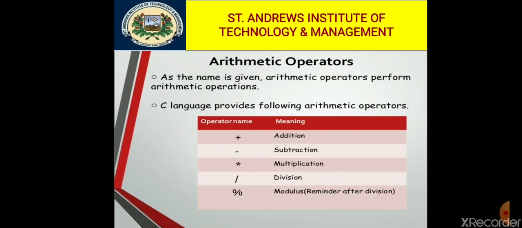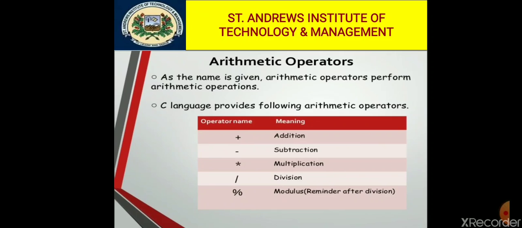First of all we will discuss arithmetic operators. As the name suggests, arithmetic operators perform arithmetic operations. As you saw in the table, C language provides the following arithmetic operators: addition, subtraction, multiplication, division, and modulus, meaning remainder after division.